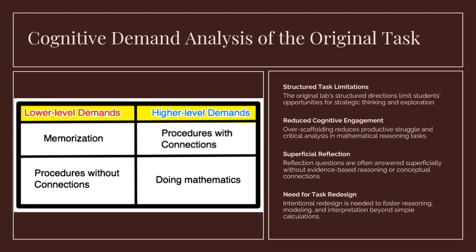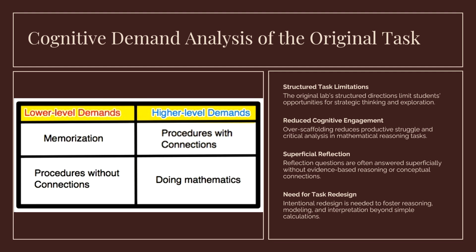So again, although the task is hands-on and uses raw data, it is still highly structured and it limits student thinking. We tell the students exactly what to do, including how many trials to run and how to record their results, which means they are just following procedures rather than making those mathematical decisions. According to Clark and Roche, the types of tasks students engage in determine the level of thinking, and overly structured tasks reduce opportunities for reasoning and justification, which this lab does exactly.